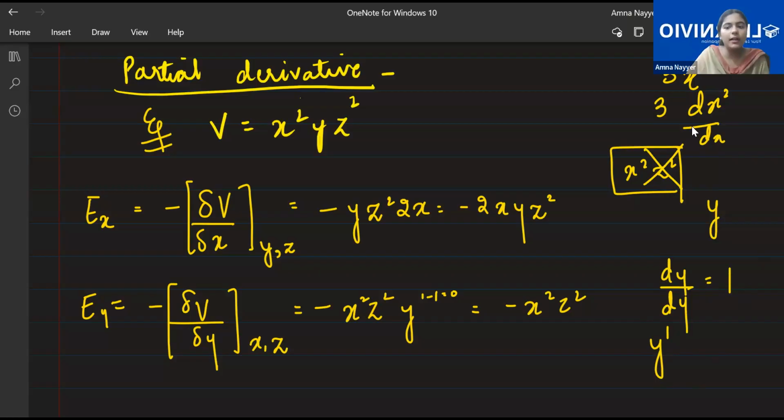Differentiated using the formula n x to the power n minus 1, y to the power 1 minus 1 is y to the power 0. Any constant or function to the power 0 is 1. Again, it is 1. Directly also it is dy by dy, which is 1. This way also it is 1. So here multiplied by 1 is this only. Clear?